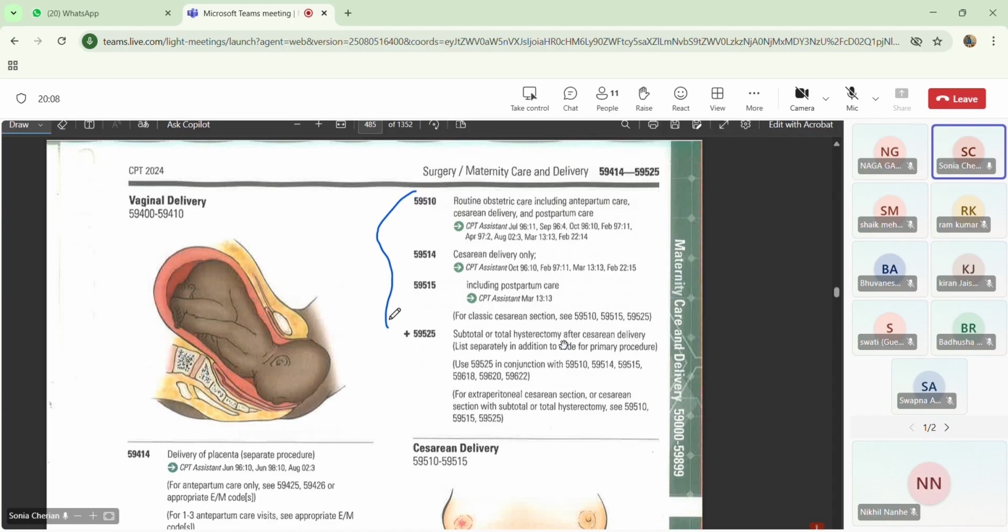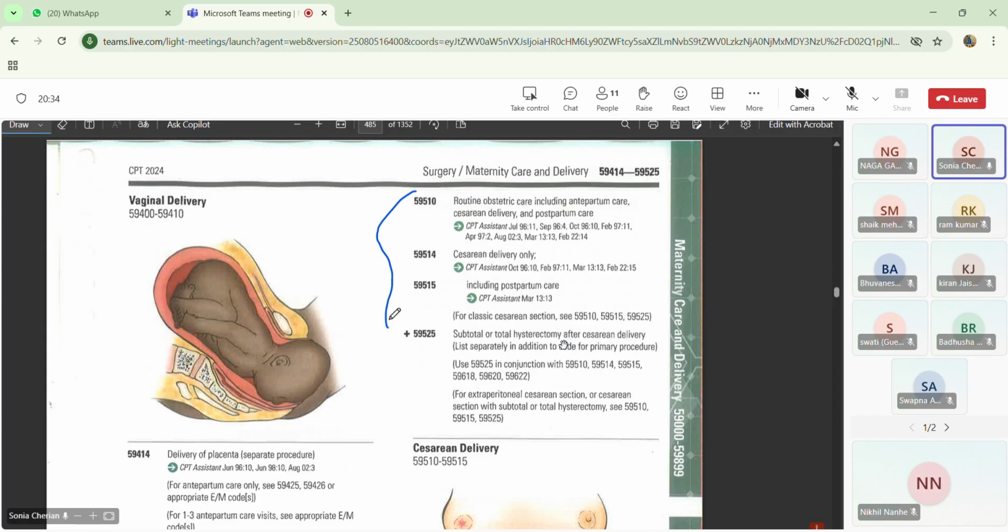Now, while you're coding the ICDs for delivery charts, the first thing you need to check is the age of the patient, whether she is below 35 or above 35. You have certain ICD codes for encounter for supervision below 35.